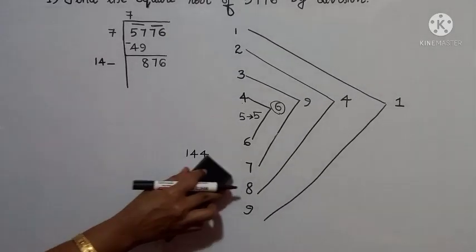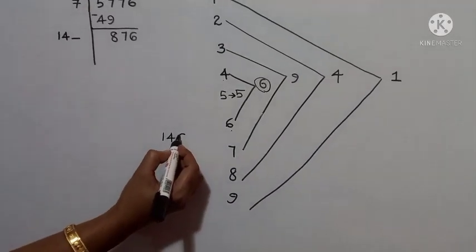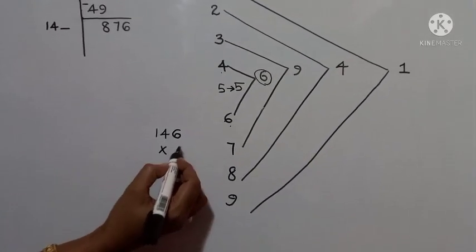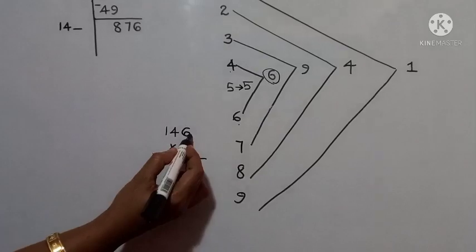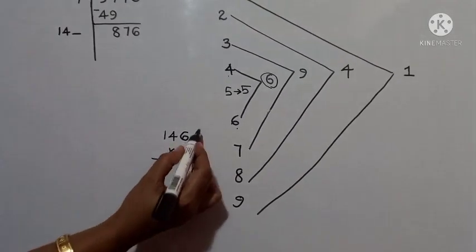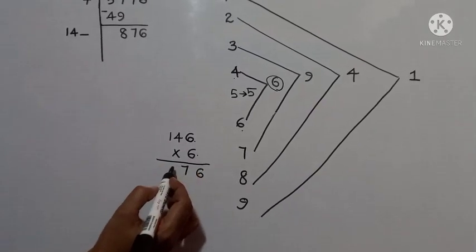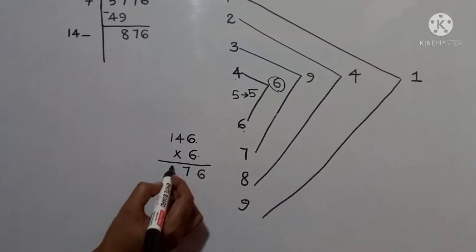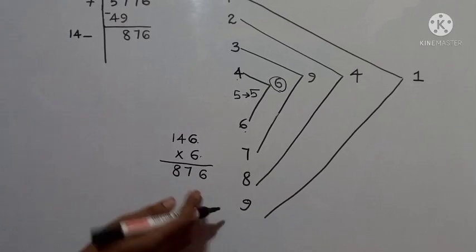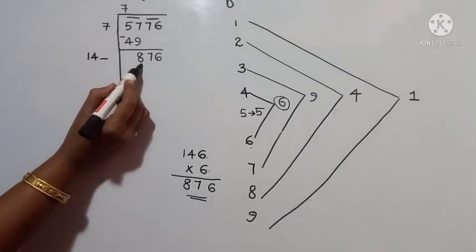Next we try with the digit 6. Writing that 6 here and multiplying by 6 itself. 6 into 6 is 36, remainder 3. 4 into 6 is 24 plus 3 is 27, write 7 and carry 2. Then 1 into 6 is 6, plus 2 is 8. And we are getting 876 here, and here also 876.